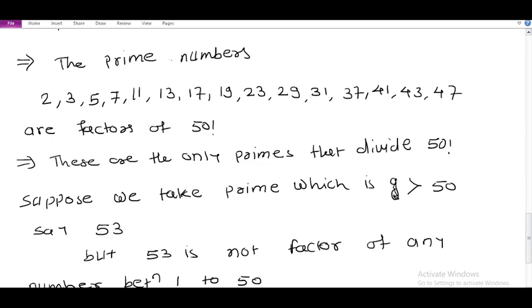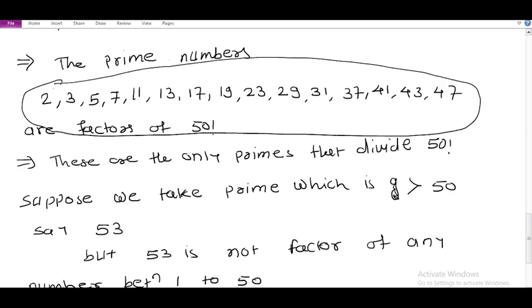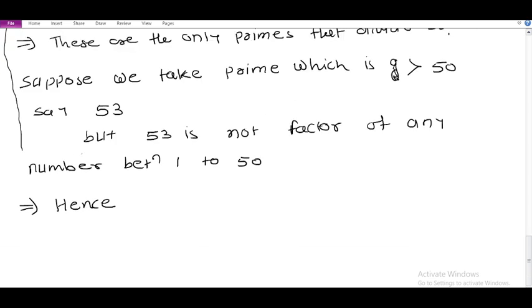You can write this statement here: these are the only prime numbers which divide 50 factorial.